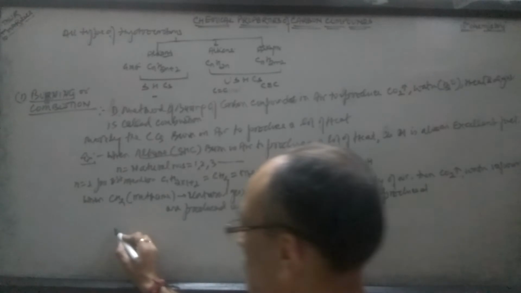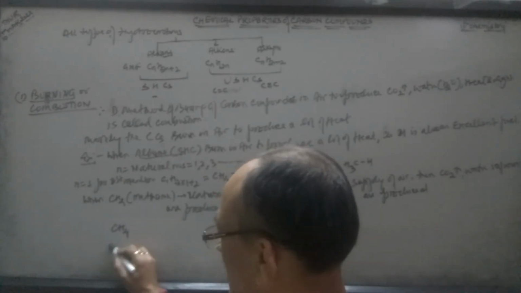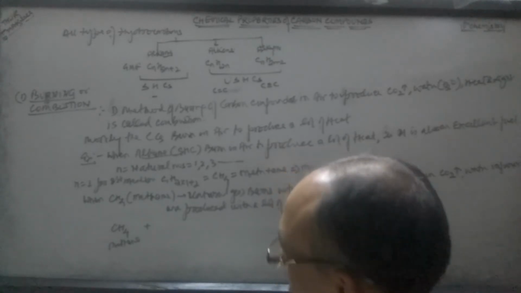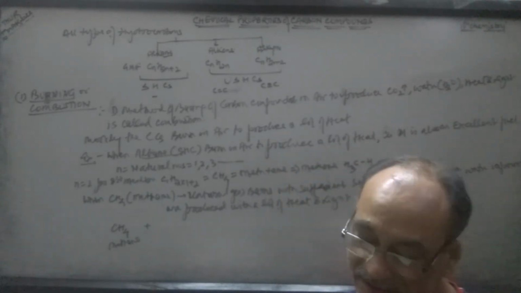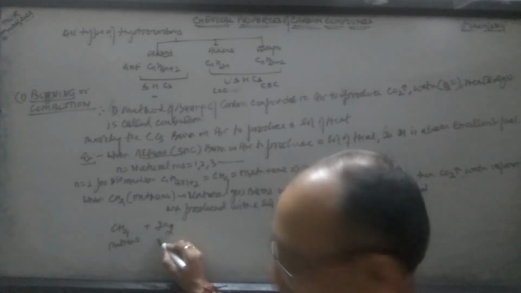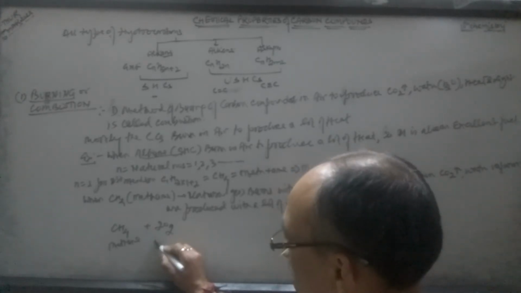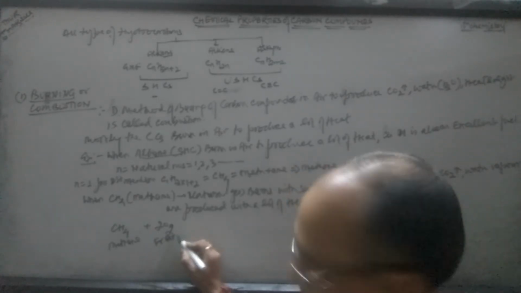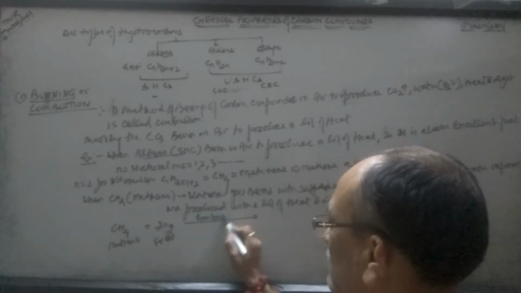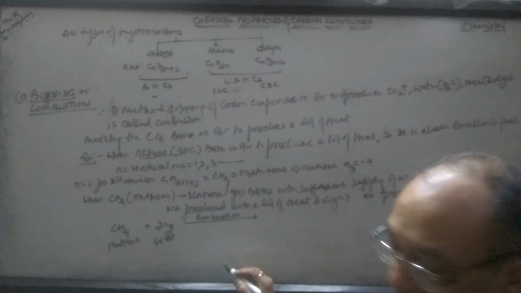So now the reaction. This is methane, the first member of the alkane series, which comes from CnH2n+2. When there is a sufficient supply of oxygen from air, it is burning, which means the combustion process is taking place here.